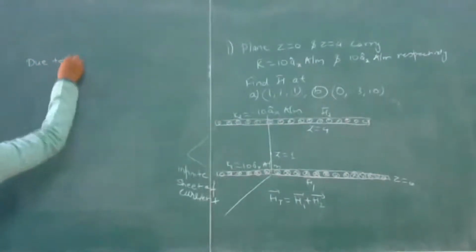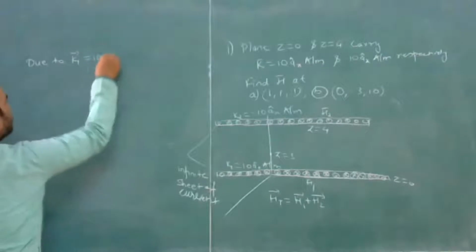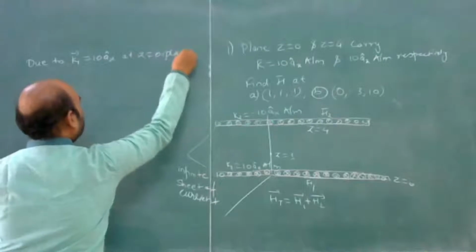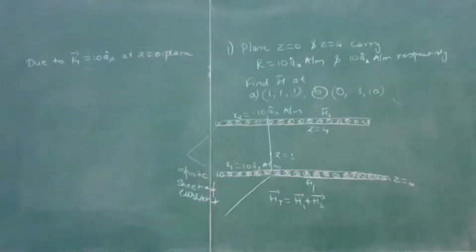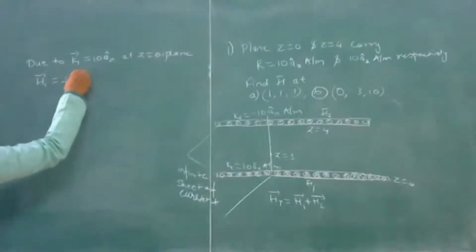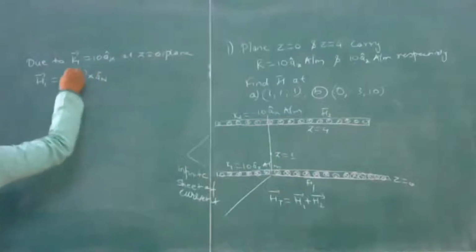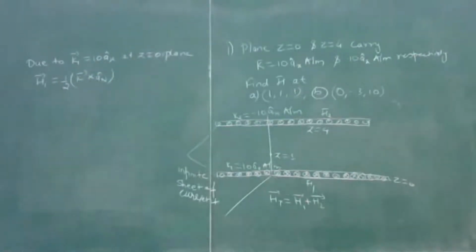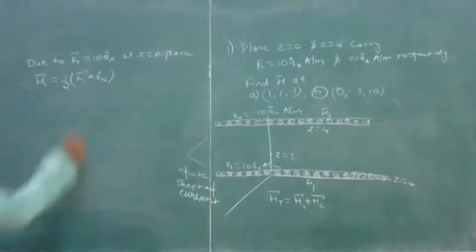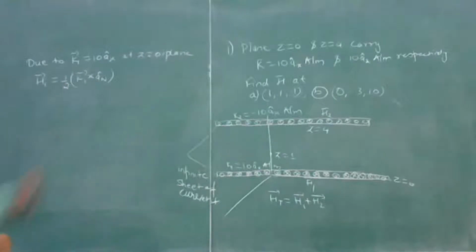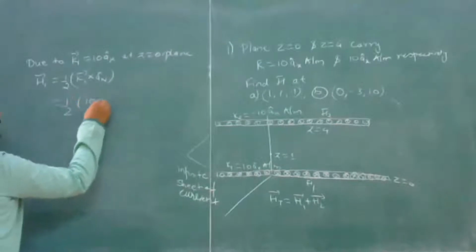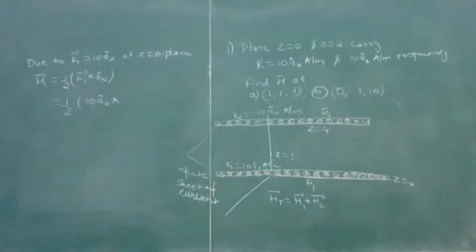Due to K1 equal to 10 a_x, which is at z is equal to 0, H1 is half K1 cross a_n, as we derived in the last class. K1 is equal to 10 a_x, so this will be half of 10 a_x cross a_n.